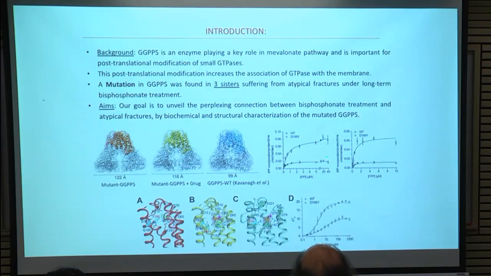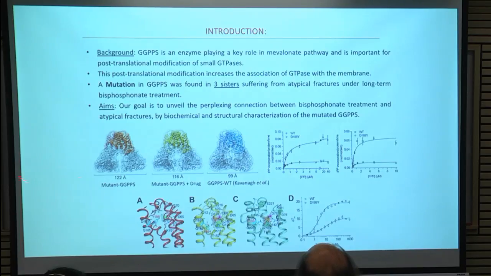We wanted to understand the molecular mechanism by which this mutation leads to atypical fractures under this treatment. To do so, we started with structural characterization of the enzyme. The wild-type structure was previously solved by this group, and we crystallized and solved the crystal structure of the mutant enzyme.